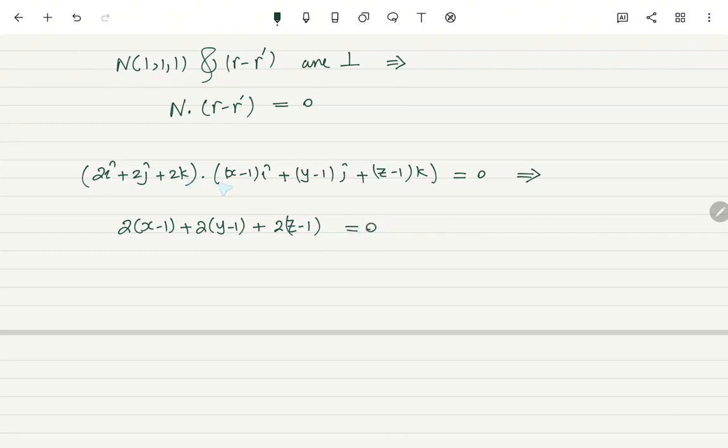Remember, when you dot product two vectors, the answer is a scalar quantity, and in this case, after rearranging this equation, you can say that x + y + z all equal to 3.